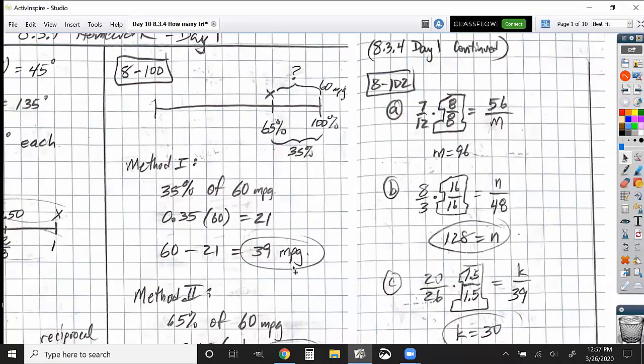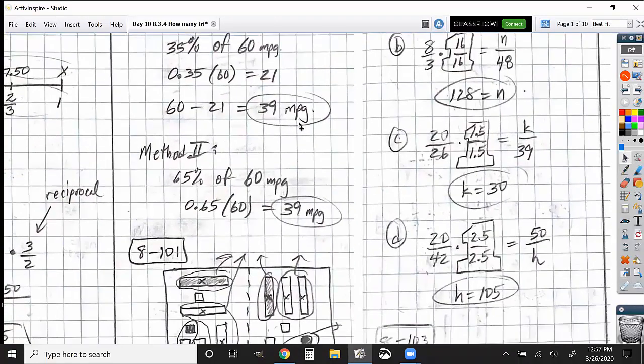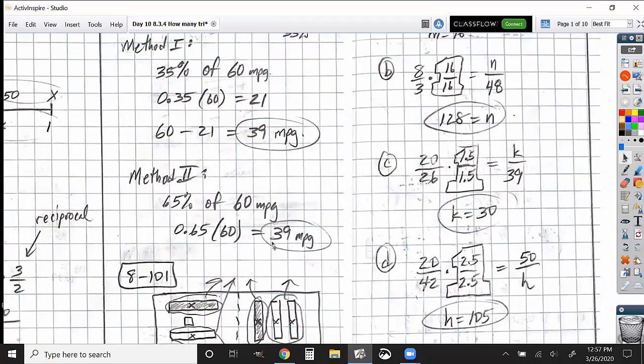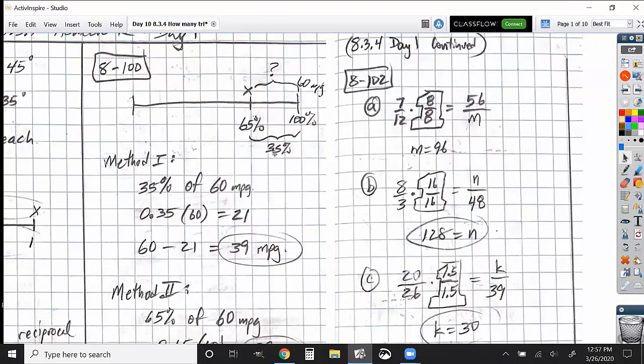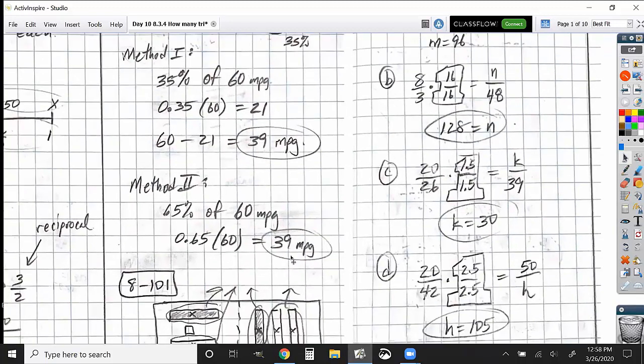When you subtract that off, the new mileage is 39 miles per gallon. But method 2 is to know that if you take away 35%, you're at 65%. So 65% of 60 is this value, which is also 39. So anyway, 39 miles per gallon.